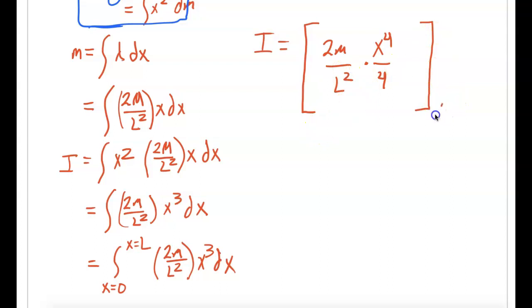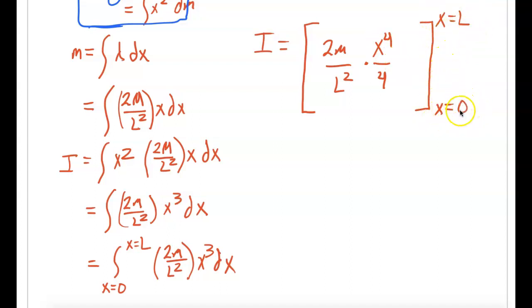We know that the lower limit is x equals 0, and my upper limit is the length. So anywhere I have x, I'm going to substitute in the letter L, and this would be like your final conditions, and then we subtract our initial conditions.